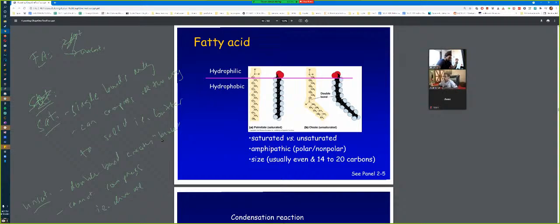And if you're wondering, trans fats, they banned those like a decade ago. That's essentially using an organic chem reaction to take a double bond and turn it into a single bond. So that's bad too. Make sense?